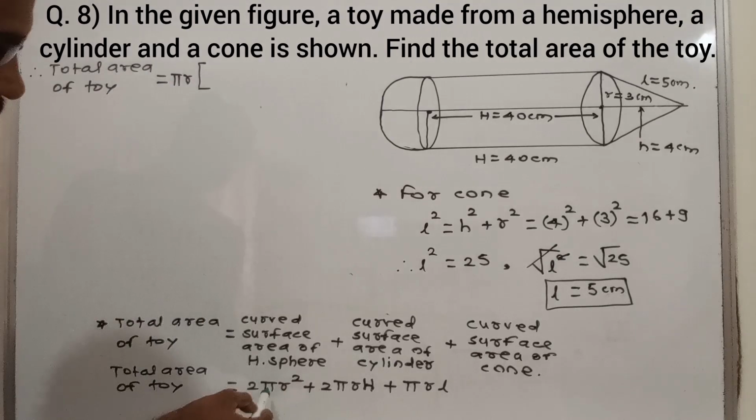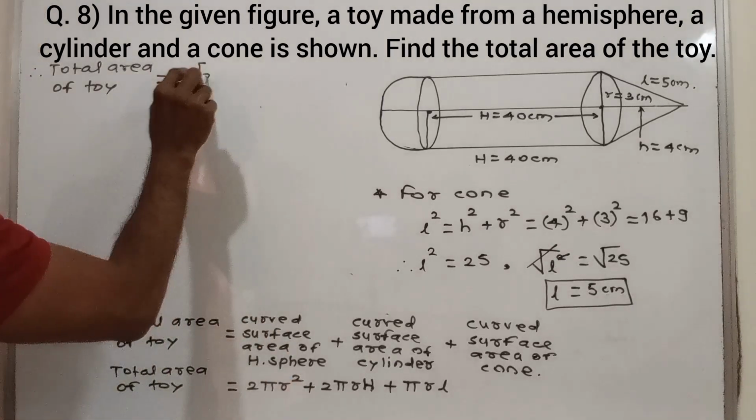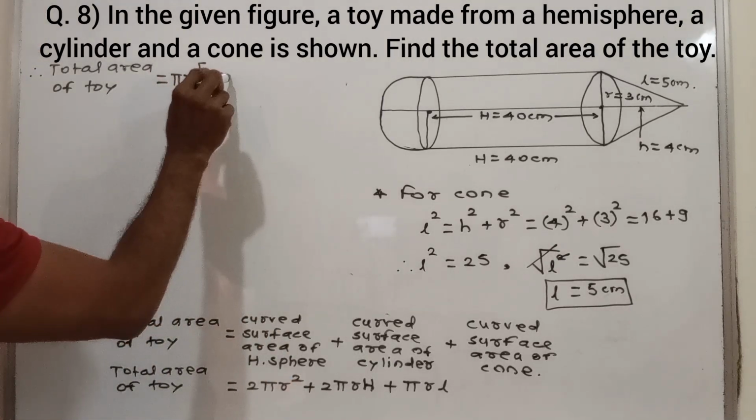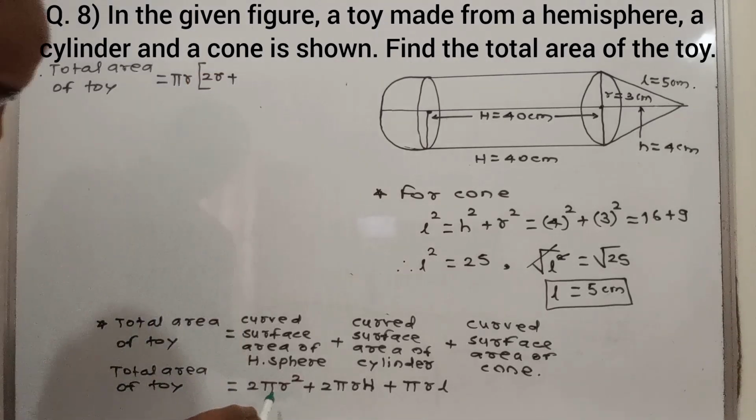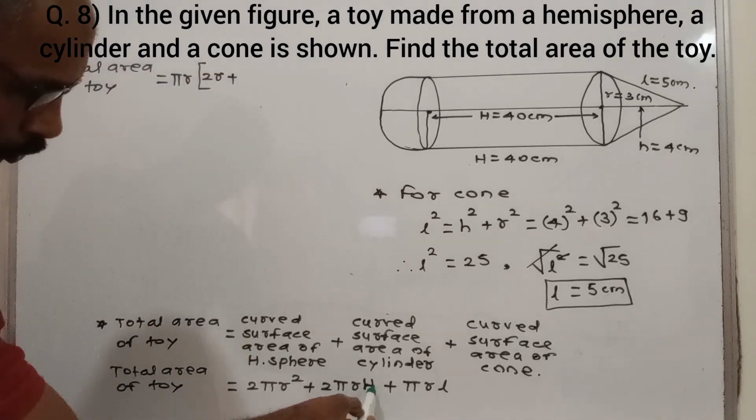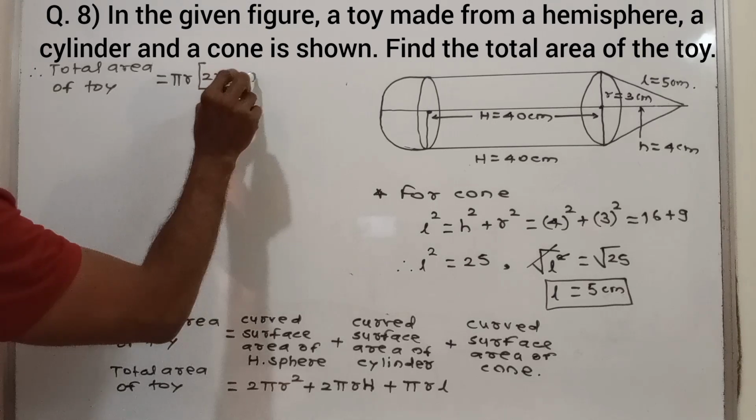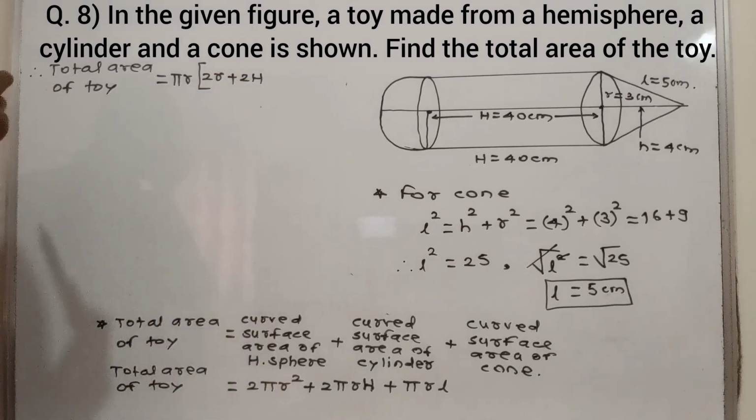Then what is left here? 2r plus 2 into capital H. Pi r taken outside.